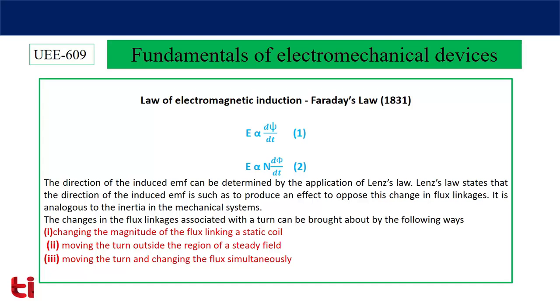Here we will keep the strength of the magnetic field constant, but change the position of the coil, or the coil will move in one direction. The third one we will also discuss today: we generate a varying magnetic field and at the same time allow the conductor to move.